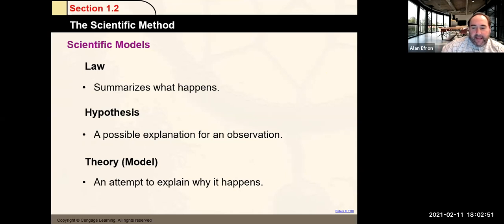Okay, we're now going to get into the atom pretty shortly. In a few slides down the road, we're going to talk about some experiments that were important in understanding the structure of the modern atom, what we think about when we think about what the atom is or how it looks.